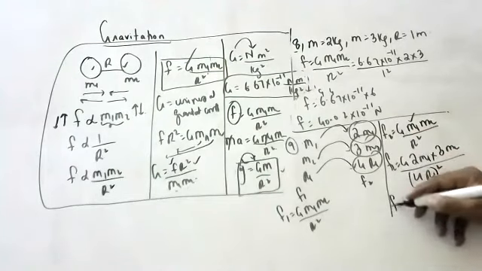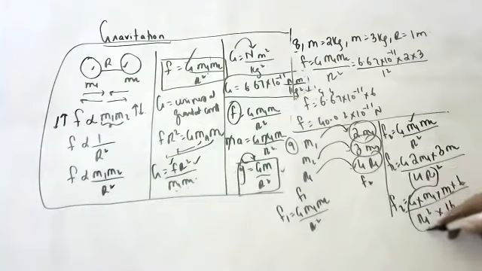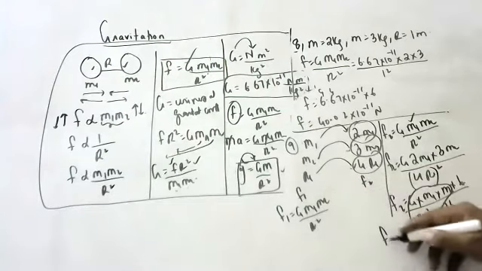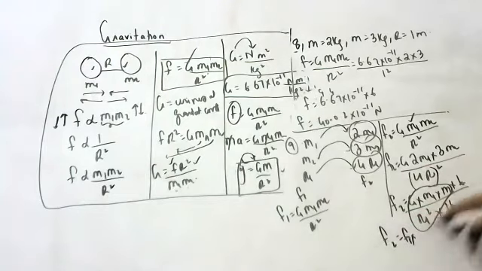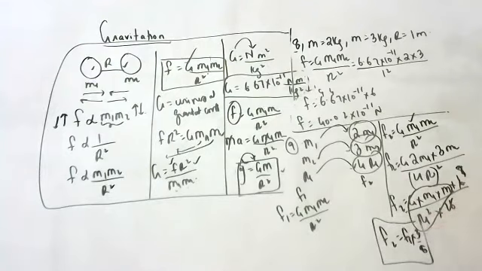So F2 is equal to G into M1 into M2 into 2 3s are 6 by R1 square into 16. But G M1 M2 by R square is F1. So F2 is equal to F1 into 6 by 16. So it is becoming 3 by 8 times the original. Force is becoming 3 by 8 times the original.